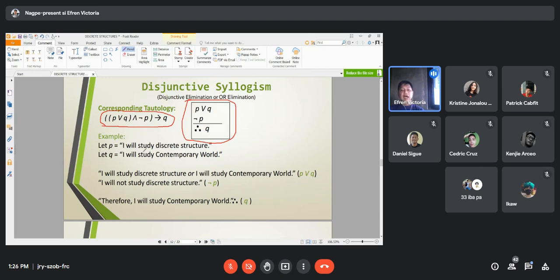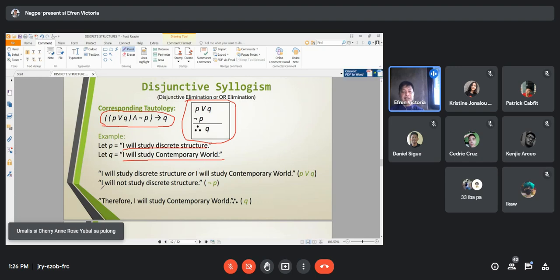Let P, I will study discrete structure. Let Q, I will study the contemporary world. So premise 1, I will study discrete structure or I will study contemporary world. So using or, ibig sabihin, pag sinabi natin or, between the two, di ba? It is either discrete structure or contemporary world.